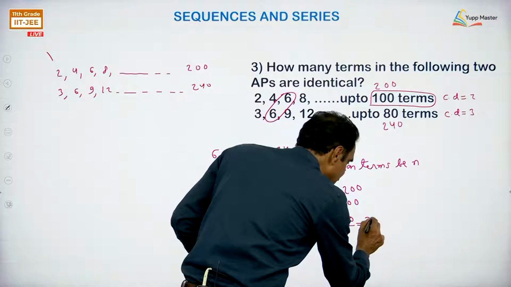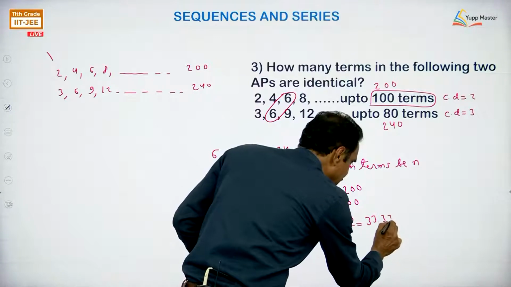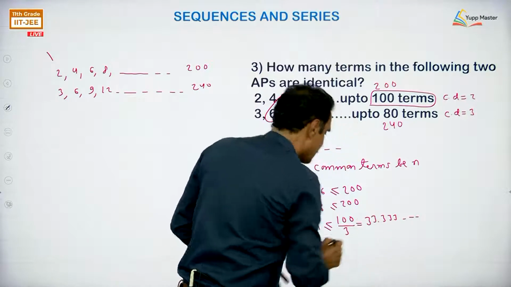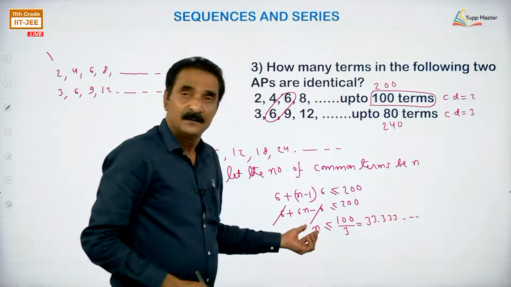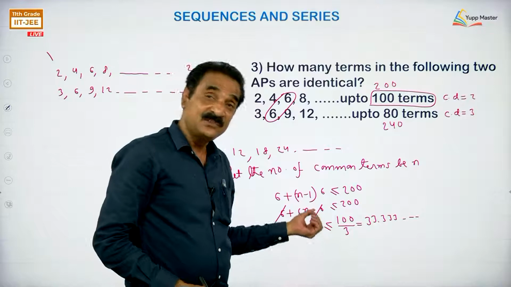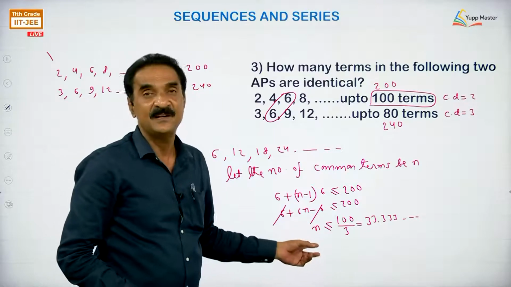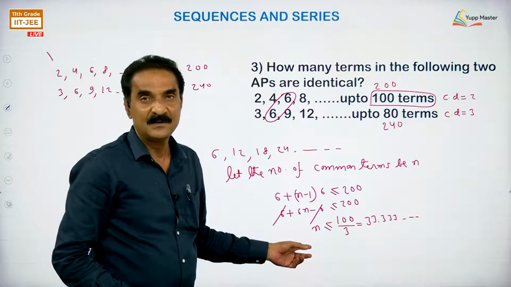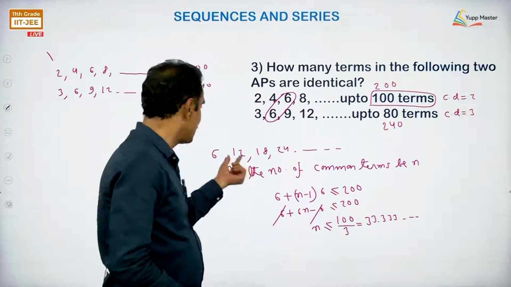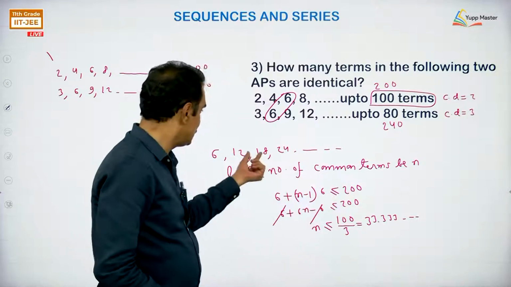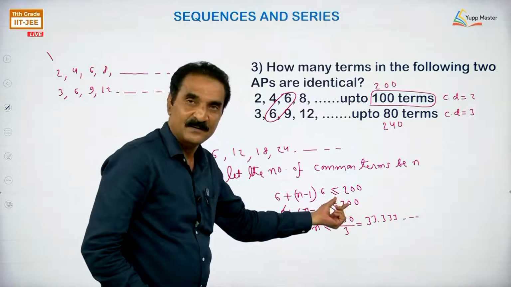100 by 3 is 33.333 and so on. Now, we have to find the largest integer n satisfying this inequality. Is it not? Because if you take first term, it is less than 200. Second term is also less than 200. Third term is also less than 200.